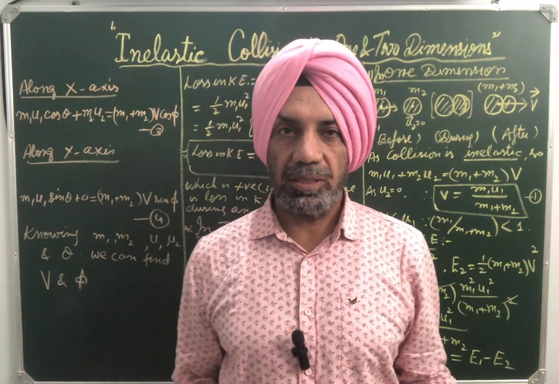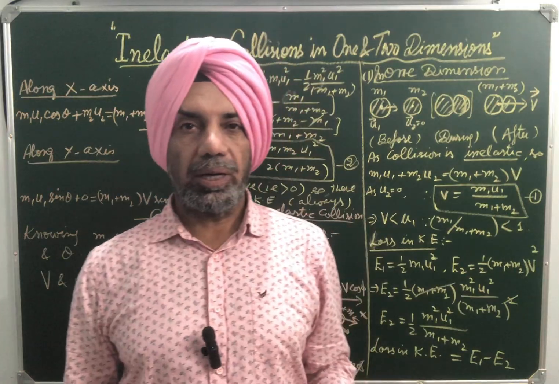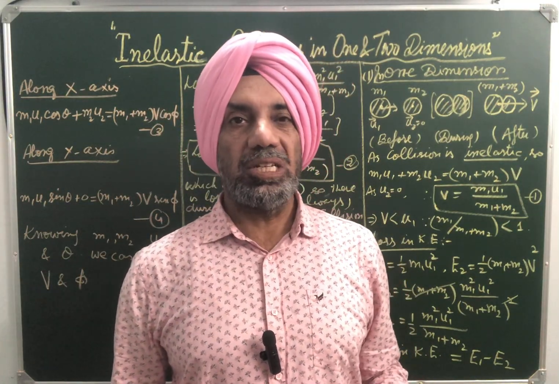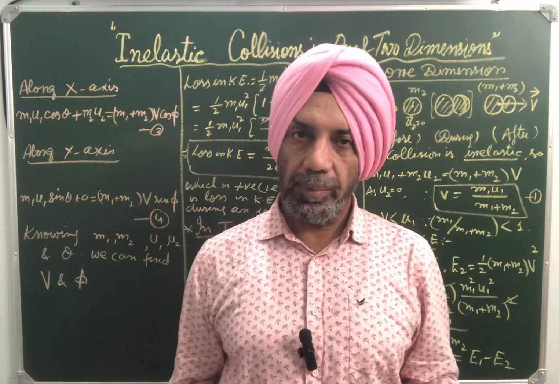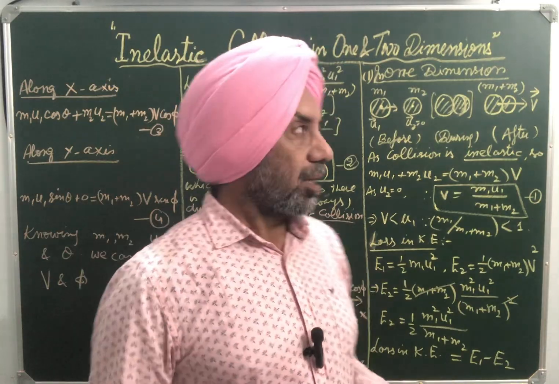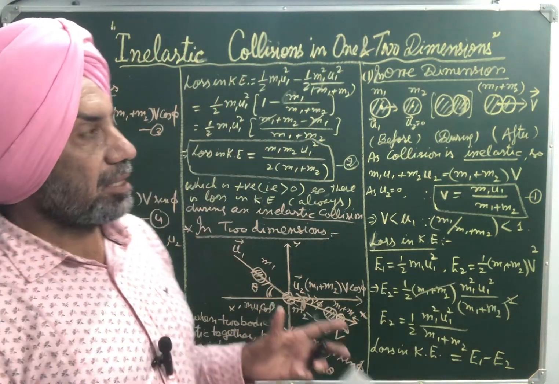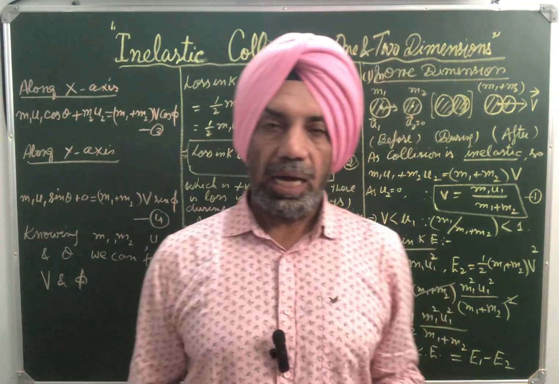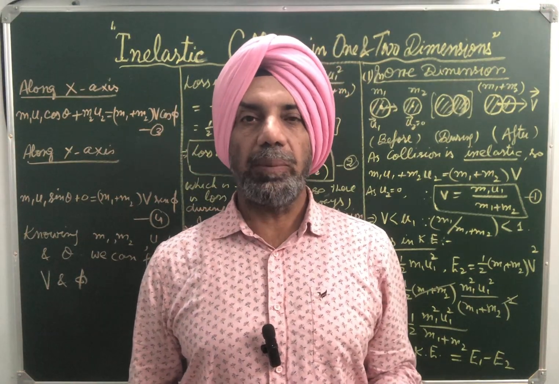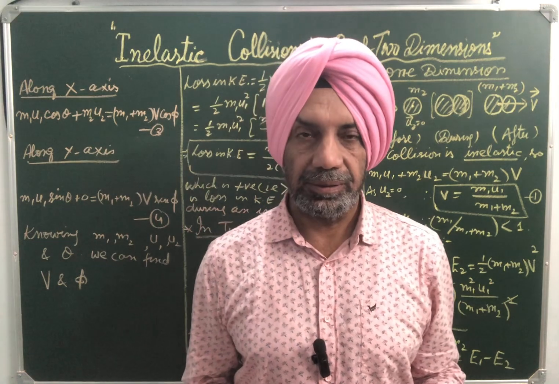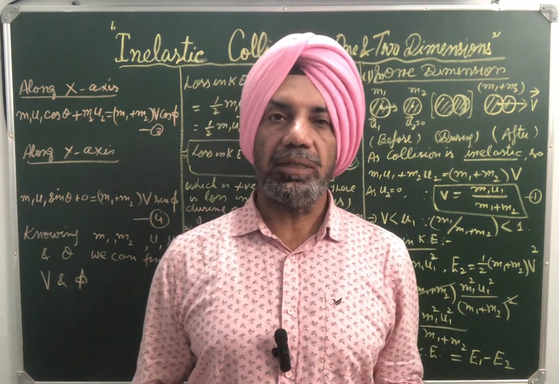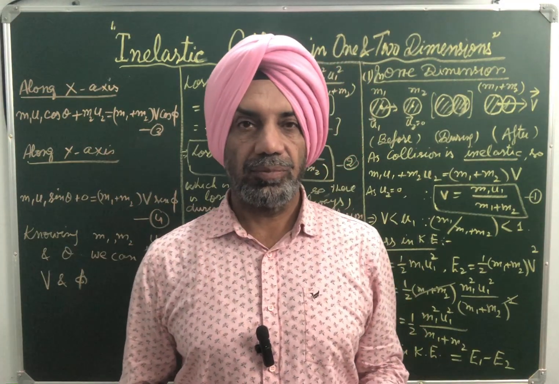Today I am going to discuss again a very important topic that is known as inelastic collisions in one dimension and in two dimensions. So first of all, what do you mean by an inelastic collision? A collision is said to be inelastic if only momentum remains conserved, but there is loss of kinetic energy after collision.